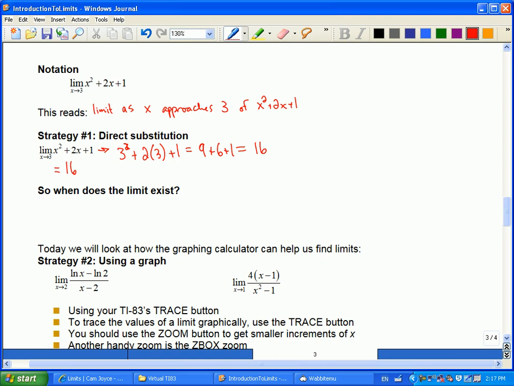So when does a limit exist? This is a definition that you need to know. I'm going to give you the graphical one first because it's the easiest one to picture.